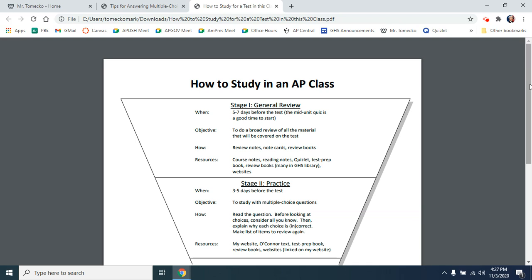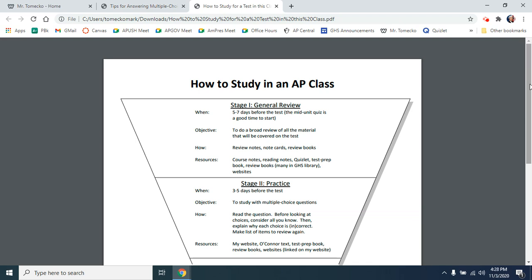And really, that applies to every test throughout the year, any unit test. Trying to cram in a bunch of information the night before just never works. So the three-stage study plan is designed to get you to start studying earlier and to study more effectively. Now, notice what I'm not saying is to study more. I'm not going to put an amount of time on studying for, say, a unit test.